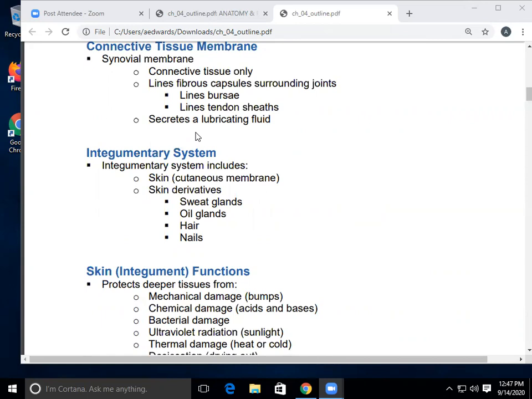And they line the sheaths of tendons. And they can secrete what we call a lubricating fluid. One of the classic places where you'll see these would be in the knee joint. Why do you think you need synovial membranes in your knee joint? Because of the movement and the pressure of running and jumping and walking, you need those synovial membranes.